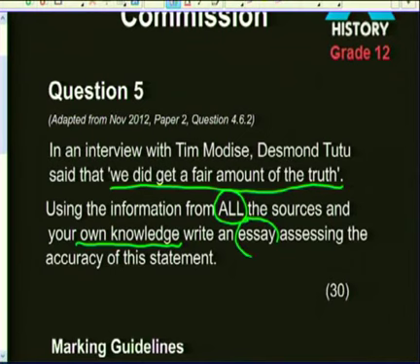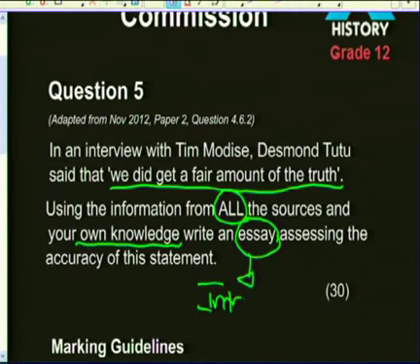Now, what do you have to do? You need to write an essay. Now, this is very important. As soon as you see the word essay, what does that tell you? It tells you that your writing will have an introduction. It will have a body that is divided into paragraphs, and then a conclusion.